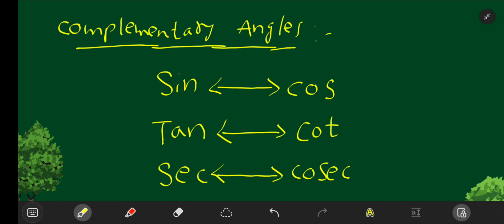What is meant by complementary angles? Two angles are complementary when their sum equals 90 degrees. Let me explain it with a triangle. In a right angle triangle, the sum of three angles equals 180 degrees. One angle is already 90 degrees.